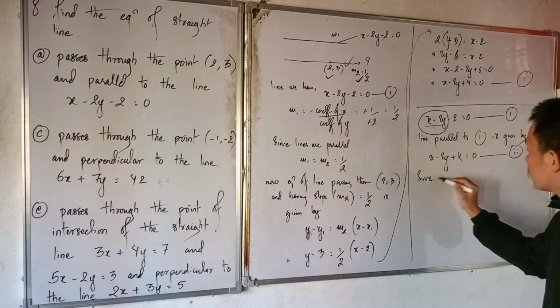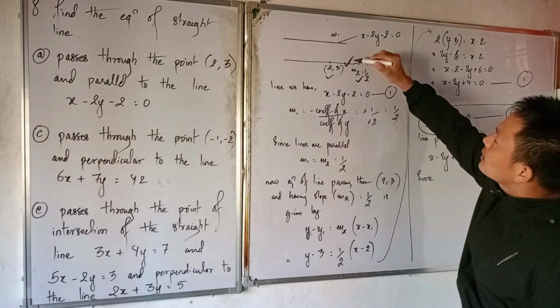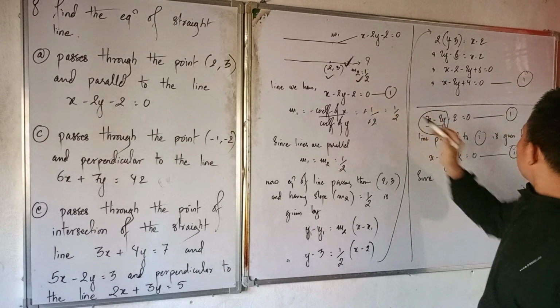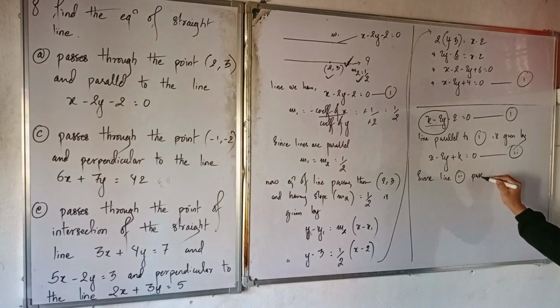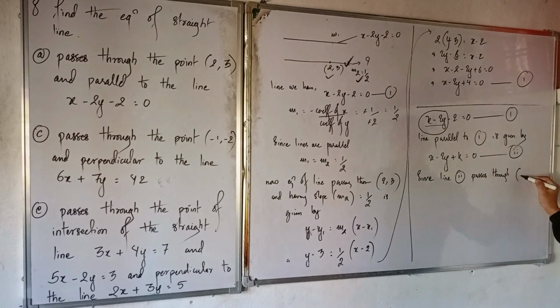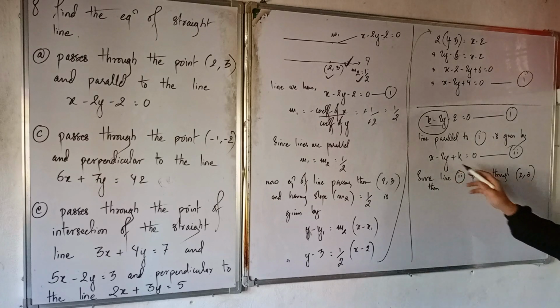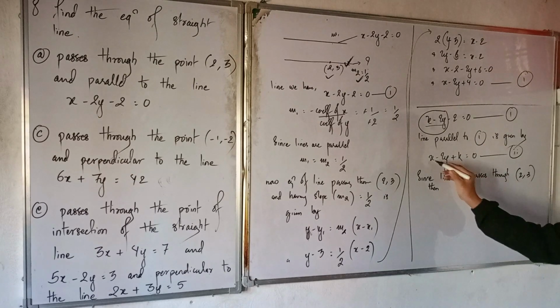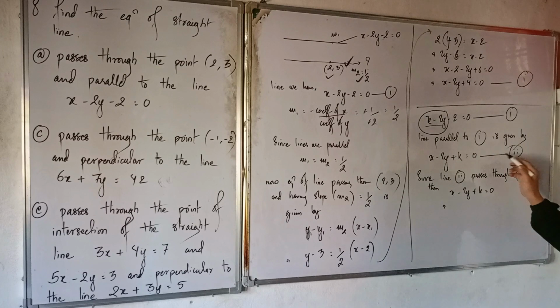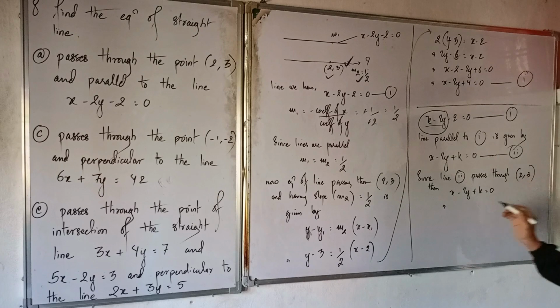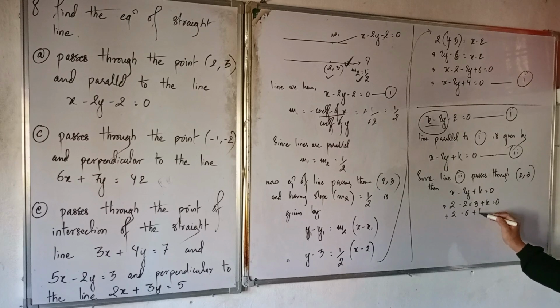Since line 2 passes through the point (2, 3), the point lies on this line, so you can just substitute the values of x and y. x minus 2y plus k equals 0 is the equation of line 2, and (2, 3) passes through it. Substituting x as 2 and y as 3: 2 minus 2 times 3 plus k equals 0. 2 minus 6 plus k equals 0.